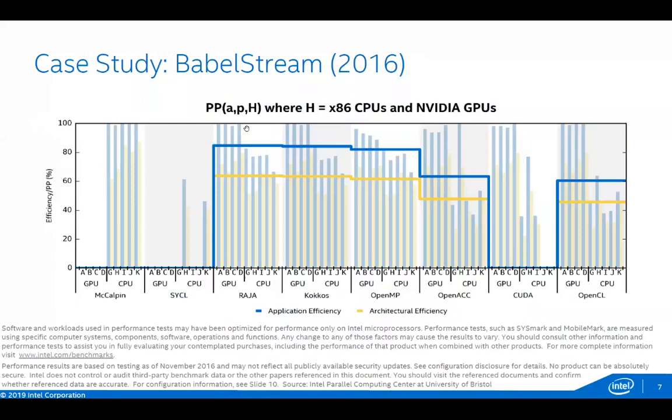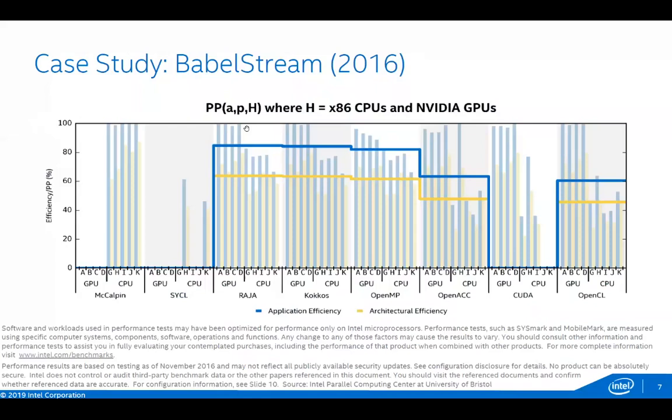So what I want to point out first is that if you look at the McCalpin, SYCL, and CUDA implementations of BabelStream in 2016, all three of those had a performance portability score of 0. And that represents that there was at least one platform in the set of platforms that Bristol tested where those implementations didn't run or didn't run correctly.